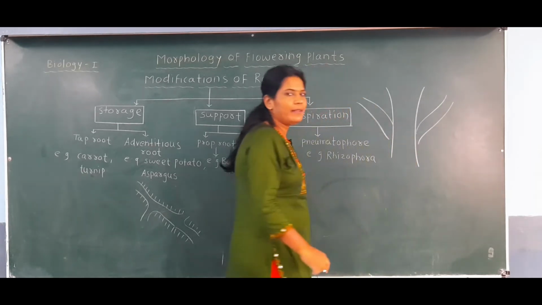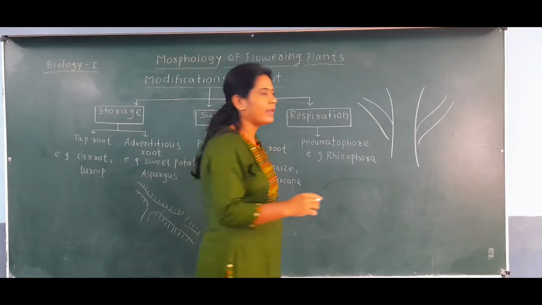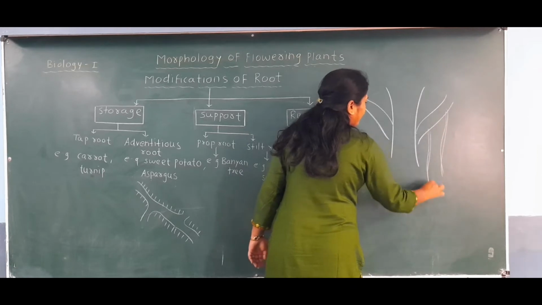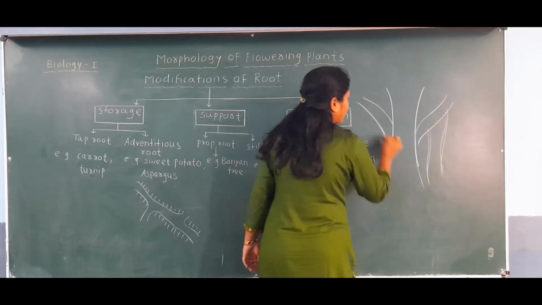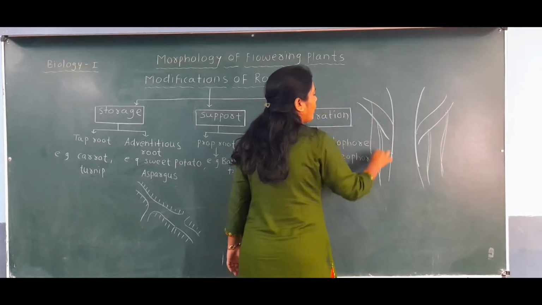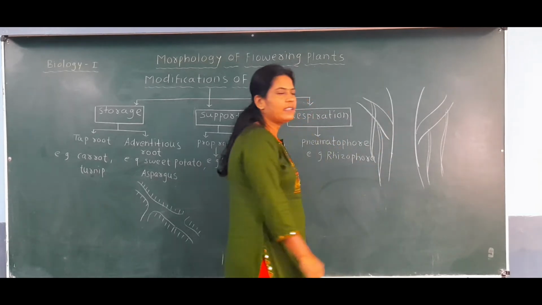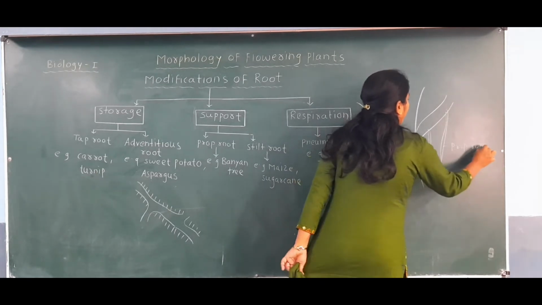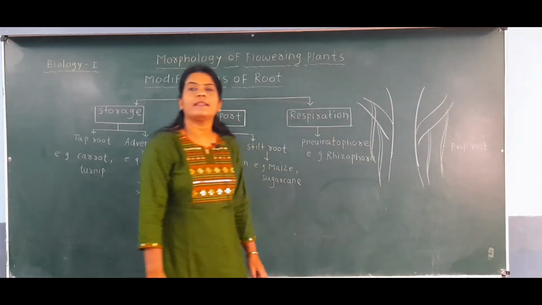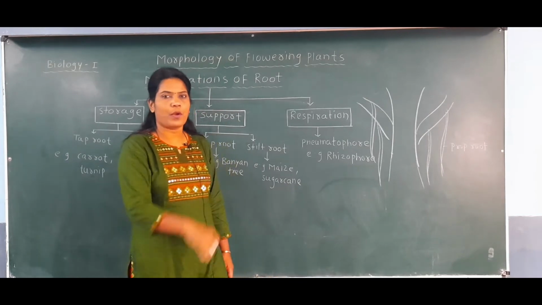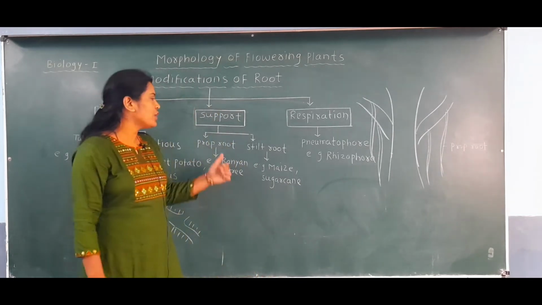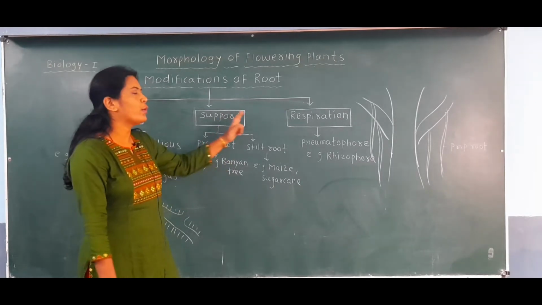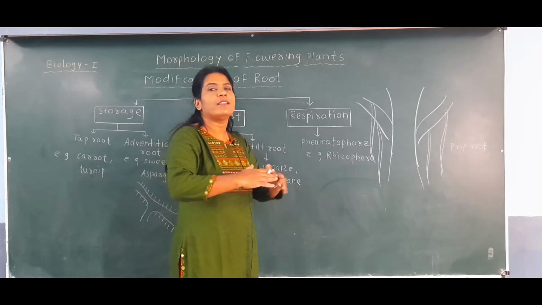And on these lateral branches of the banyan tree, again there are some structures which are hanging like this. So these are the structures hanging on this banyan tree, and these structures are labeled as the prop roots. These prop roots are modifications of the roots, particularly to give additional support to that plant, because the banyan tree is a very big tree.